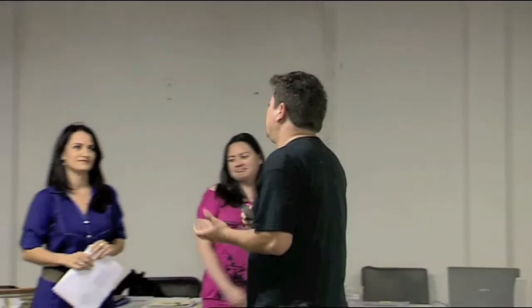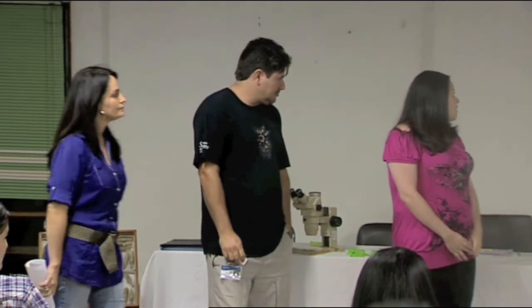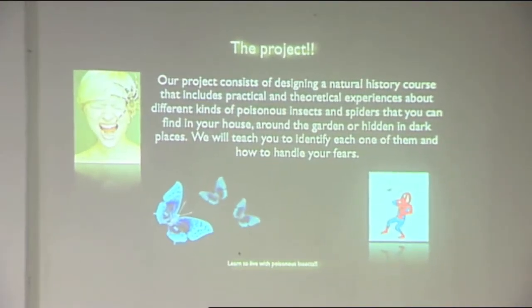It consists of designing a natural history course that includes practical and theoretical experience about different kinds of poisonous insects and spiders that you can find in your house, around the garden, or hidden in a dark place. We will teach you to identify each one of them and how to handle your fears.